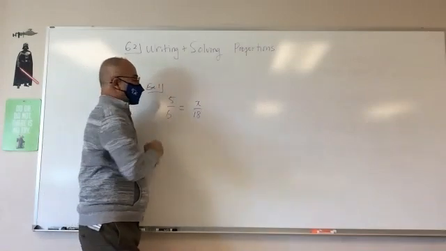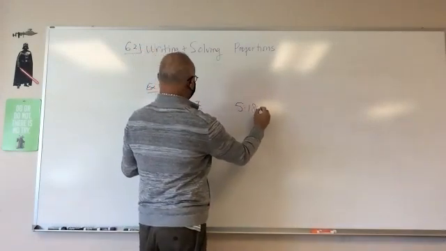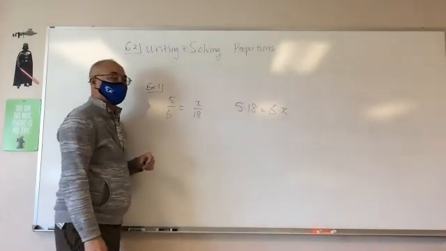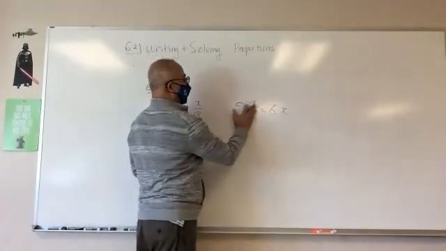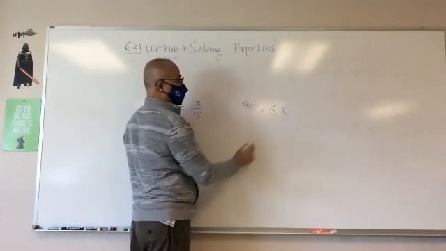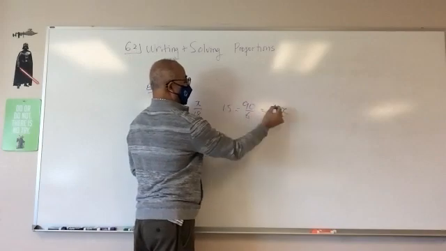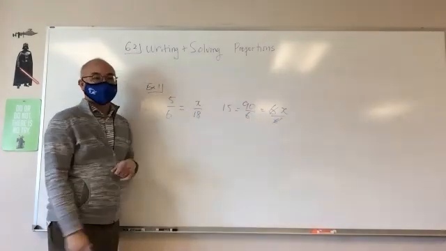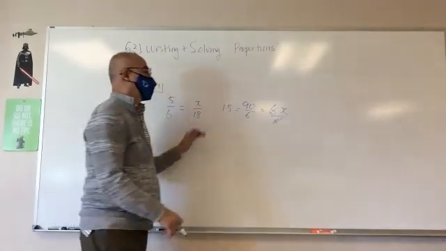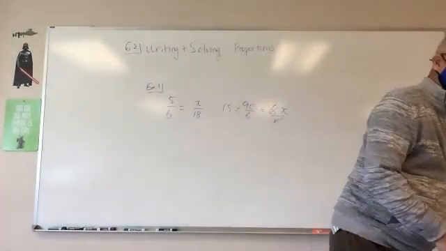So you have 5 times 18 is equal to 6 times x. 5 times 18 is 90, and you divide both sides by 6. x will be 15. That's cross multiplication. We'll talk about this later. We're just planting the seed right now.